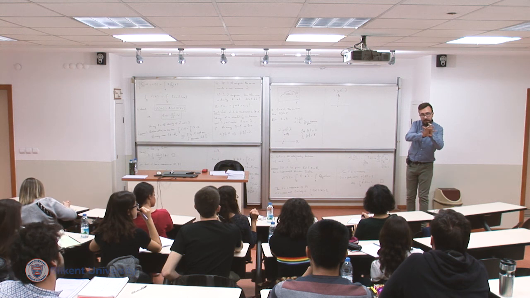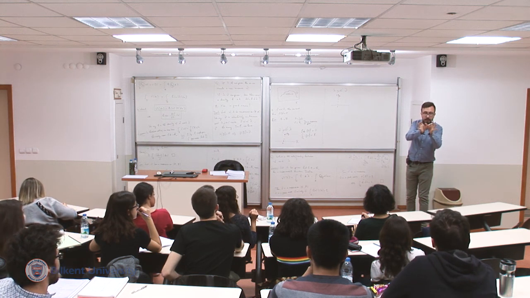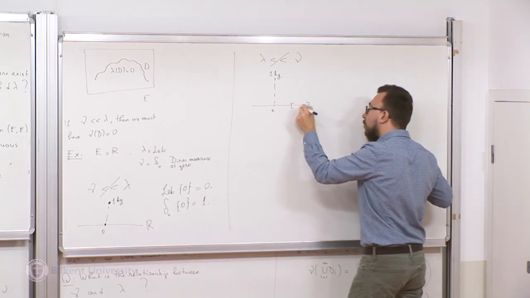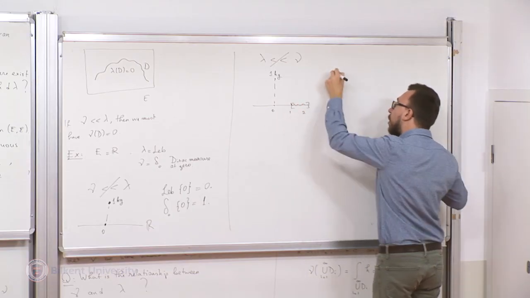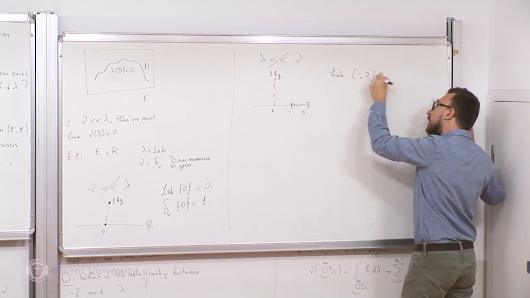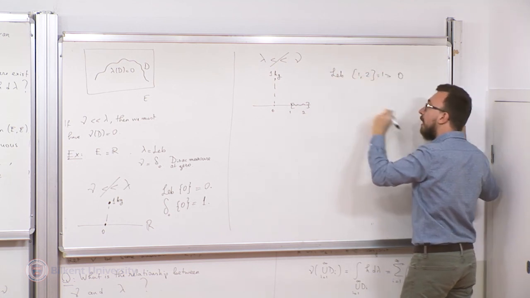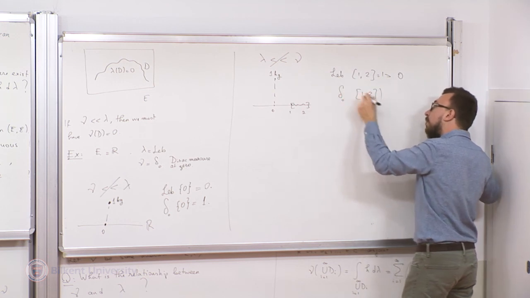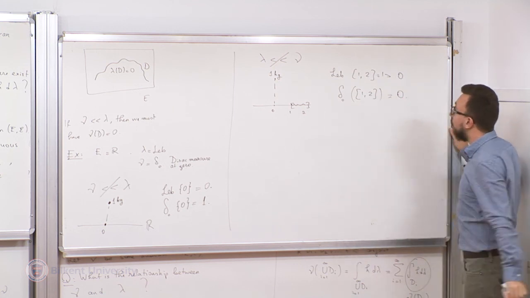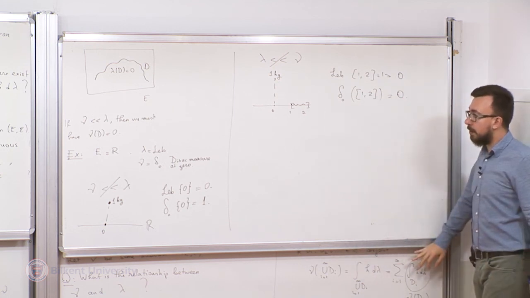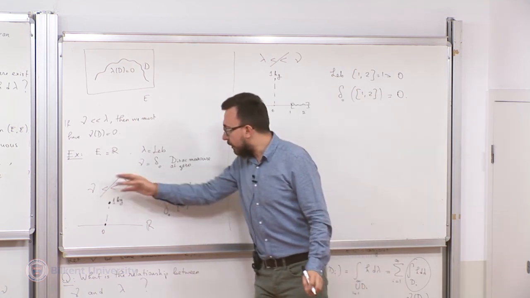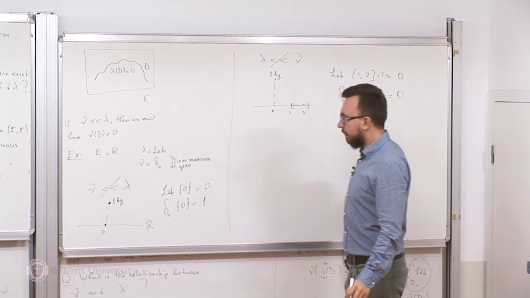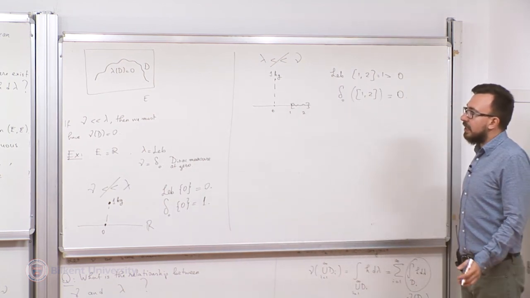But you must also have Lebesgue measure strictly positive, so let's take an interval maybe. Let's pick 1 to 2. So the Lebesgue measure of the set 1 to 2 is non-zero, it is 1. But the Dirac measure of the set 1 to 2 is 0, because it doesn't include point 0. So this is not absolutely continuous with respect to this, and also this is not absolutely continuous with respect to the other. So this is not always the case.